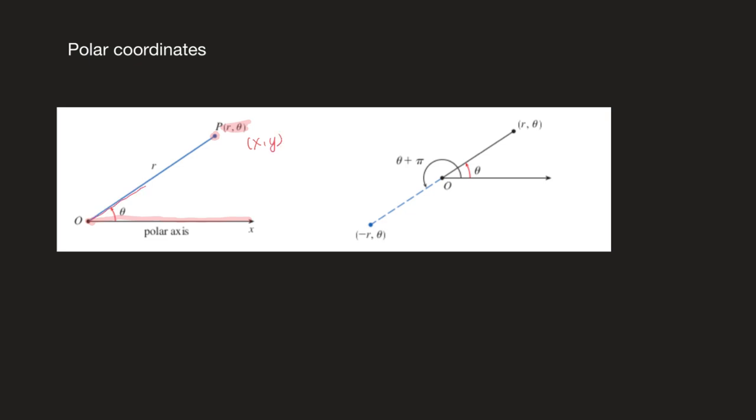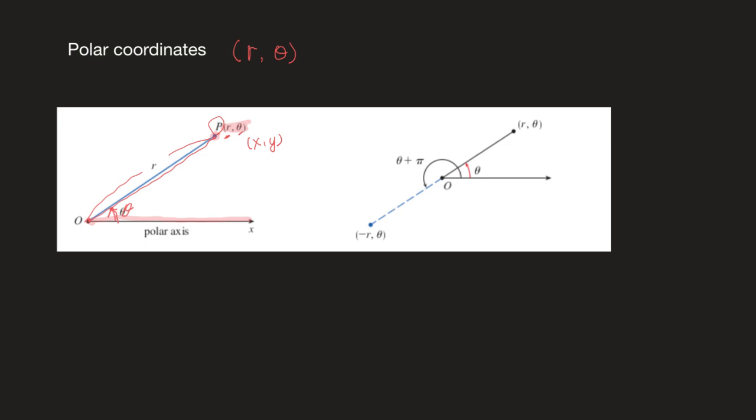Then you draw the line between the origin and this point. Then you find the angle. That's going to be theta. And the distance from the origin, this is r. You represent this point with r and theta. That's what we call polar coordinates. So polar coordinates use r and the angle theta.